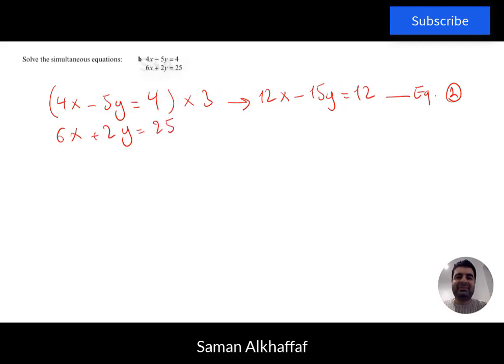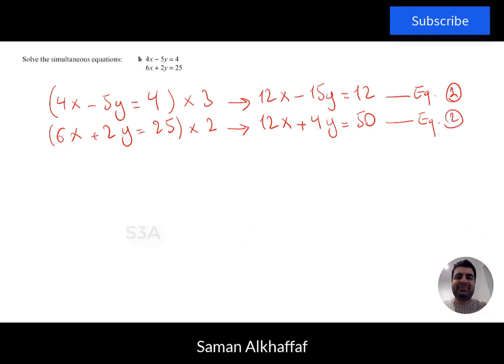So in this scenario, we will also multiply equation 2 by 2. So that would give us 12x plus 4y equal 50, and that will be our second new equation.